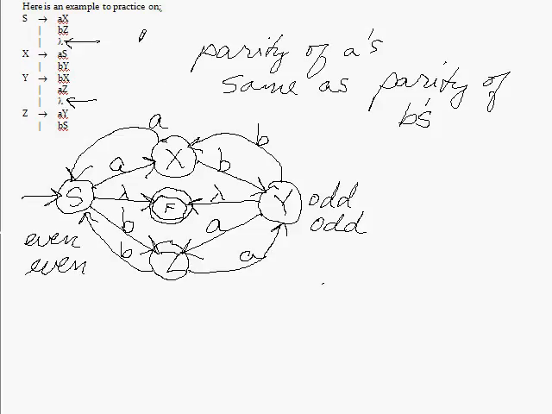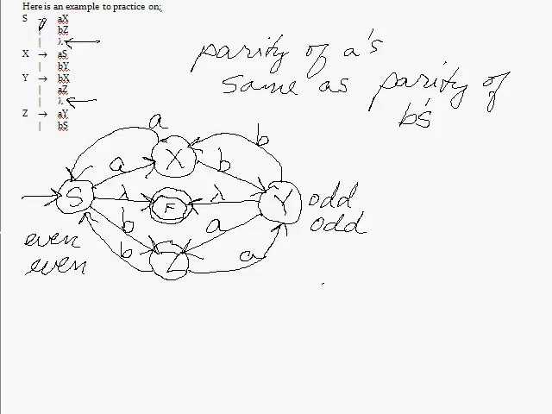Now, what do we do in this grammar to make that change? Well, instead of this rule that goes to F from S and this one from Y, we need to have transitions that go from X and Z to the accept state on lambda.